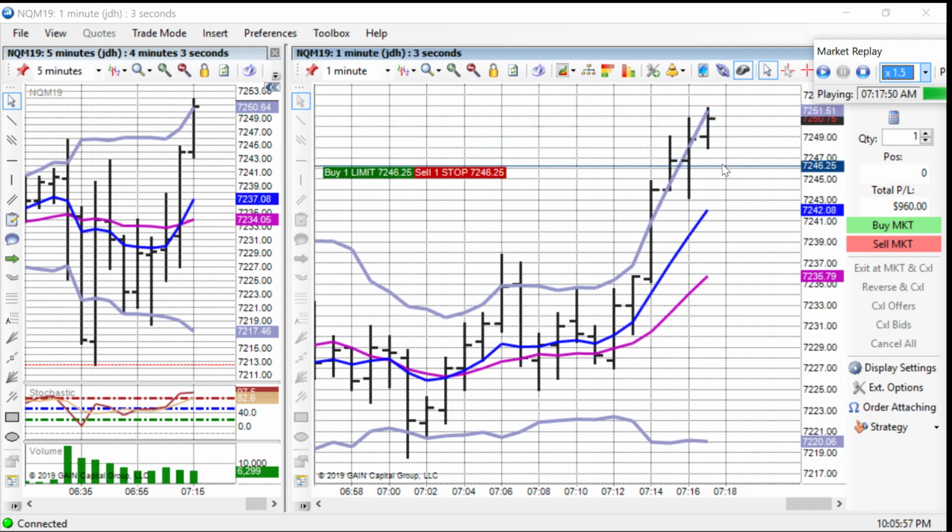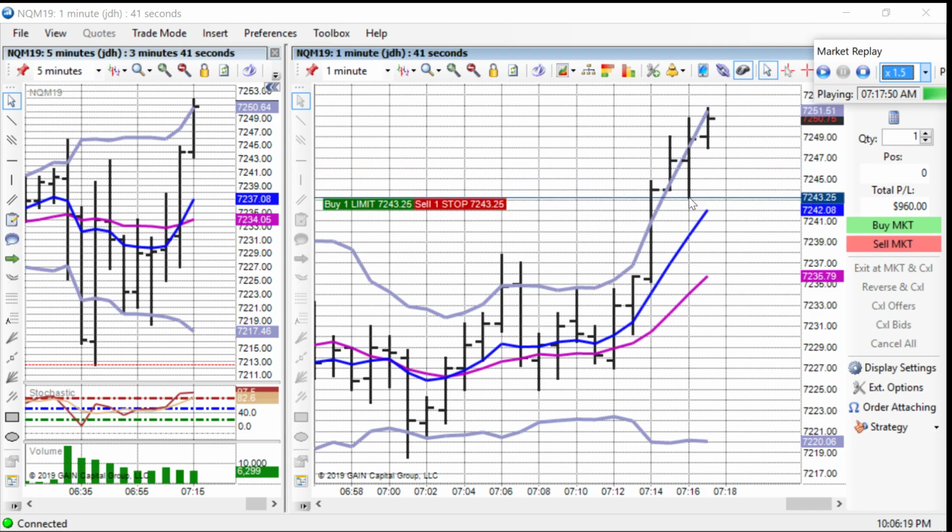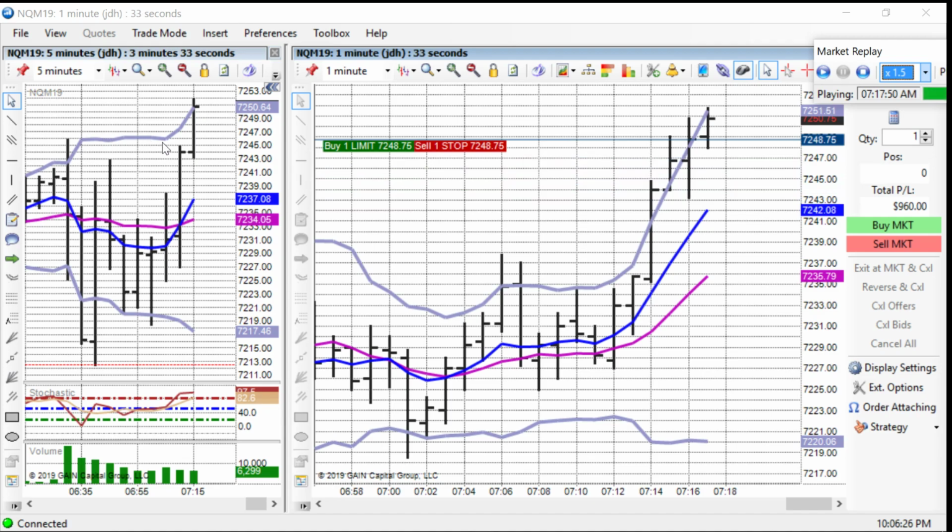Okay, this is one of those do as I say, don't do as I do kind of moments, because look how that entry was right at the upper Bollinger Band, but I was playing the momentum here. First it came down on this price bar here, 716, and then it moved back up because it had that upward movement, and it was concurrent with a breakout of the high of the previous price bar on the 5-minute chart.